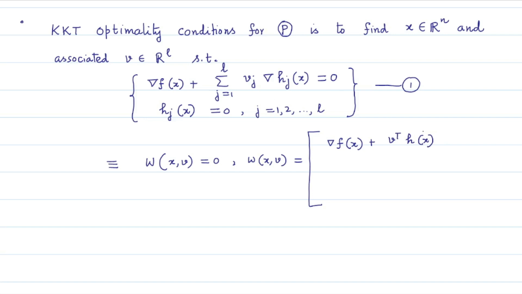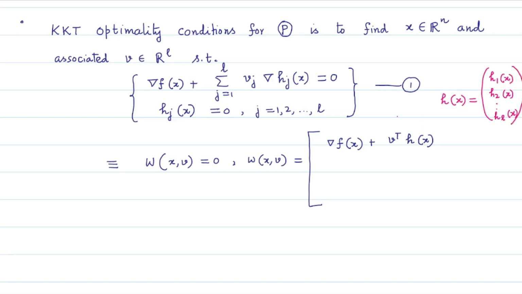Here we notice that this h(x) we have written in a compact manner or in a vectorial manner. That means the first component of h is your h1, second component is your h2, and the lth component is hl. This is your function h.